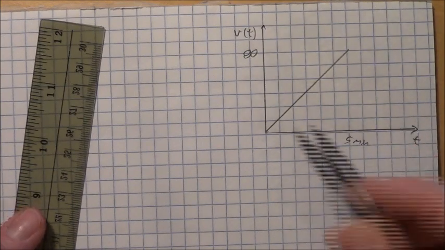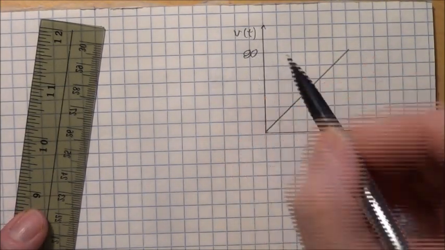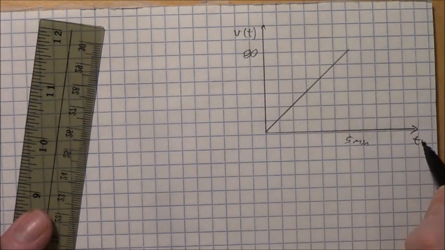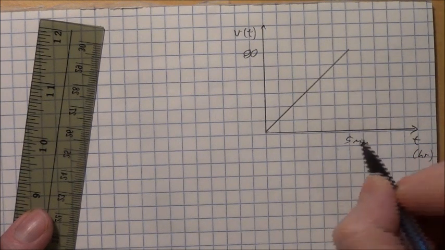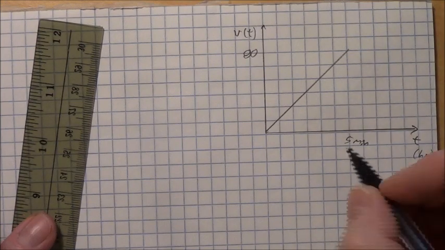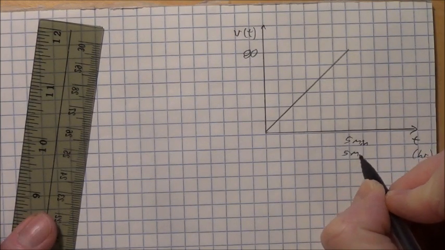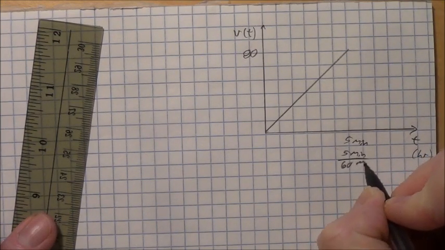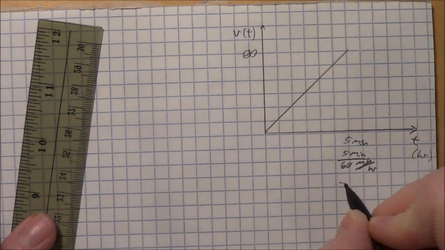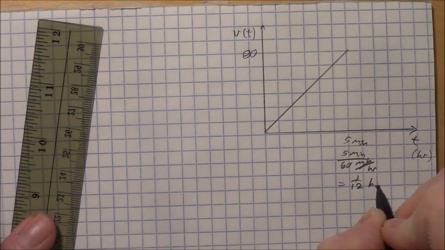Since we want to keep the units equivalent, we'll use time in hours. We know there are 60 minutes in an hour, so 5 minutes divided by 60 minutes per hour is equal to 1/12 of an hour.